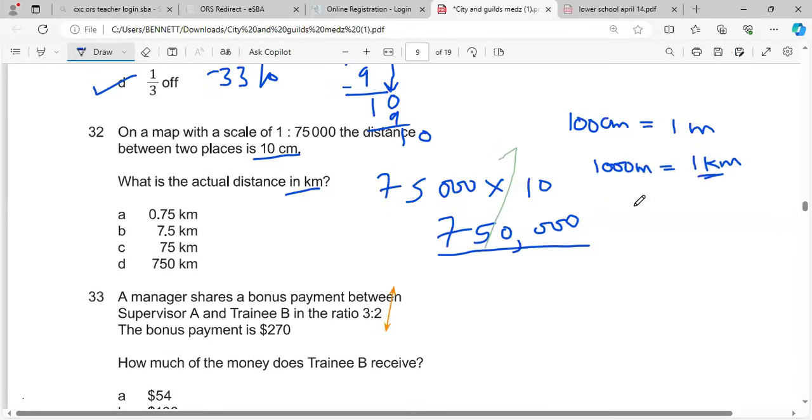Basically, that means 1 kilometer contains 1, 2, 3, 4, 5 zeros.